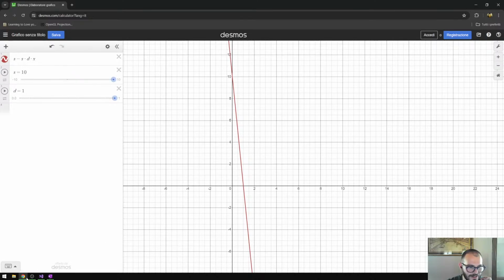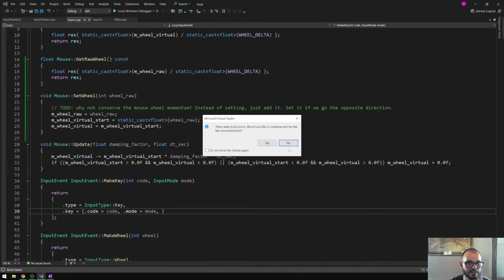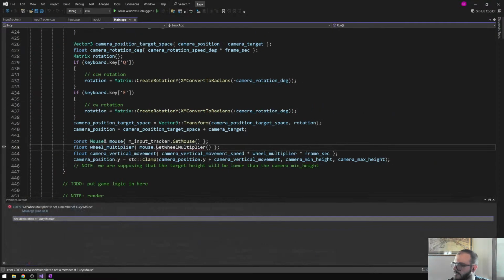I don't really like this linearity of the thing. So, get virtual wheel.